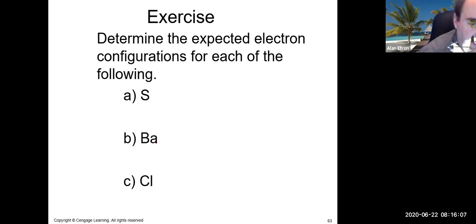All right, so why don't you take a second here and write the electron configuration for each of these, just to make sure. Then we'll talk about it. Take a minute or so, a couple minutes, and write those.